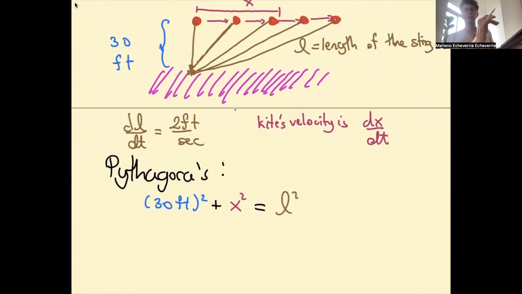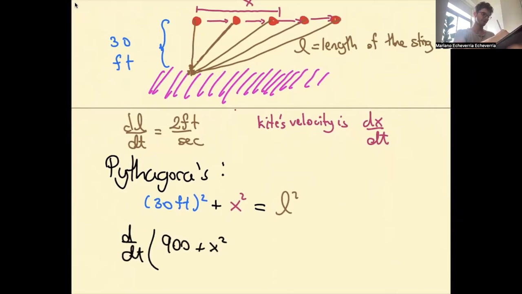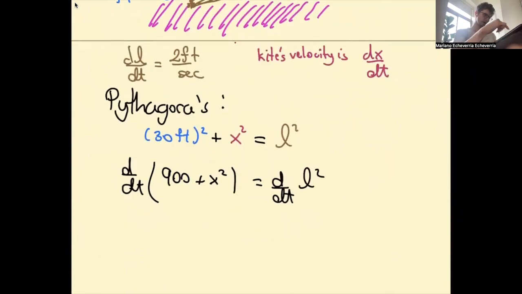And once you get there, the problem is a little bit easier because you can take the derivative with respect to time on both sides of the equation. The first term is not 900, but it doesn't matter too much, because this will be a constant, so the value goes away. The derivative of x squared with respect to t is 2x dx/dt.